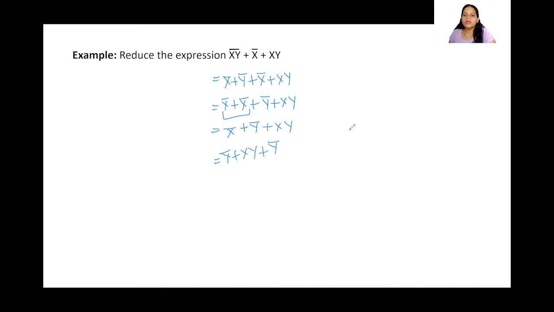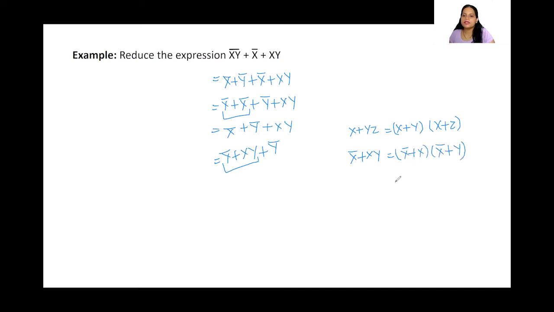Now we know the distributive law, which is X plus YZ is nothing but (X plus Y) into (X plus Z), isn't it? Just see if we can apply this over here. So what happens if we apply it? X bar plus XY becomes (X bar plus X) and (X bar plus Y), isn't it?